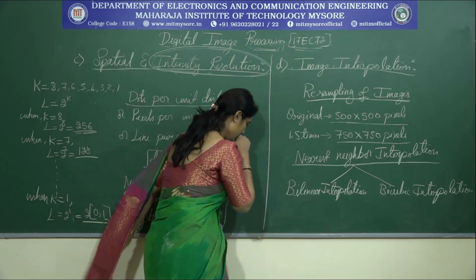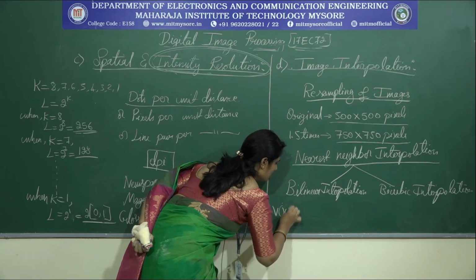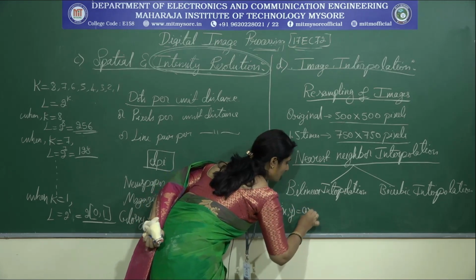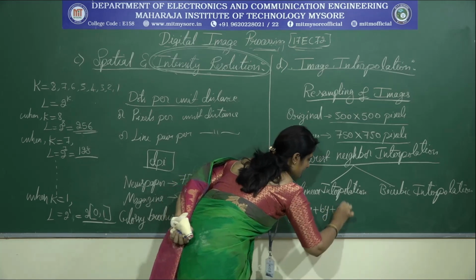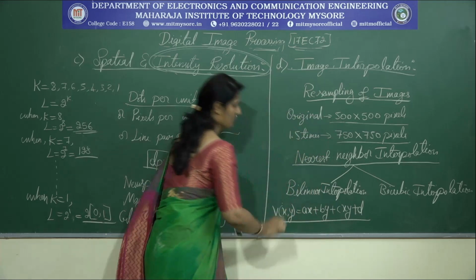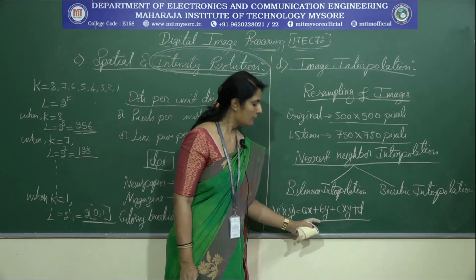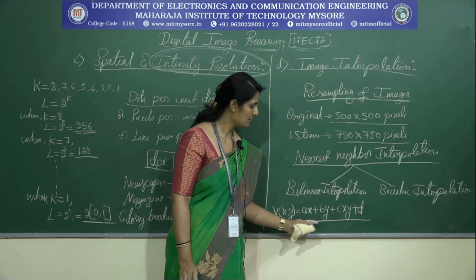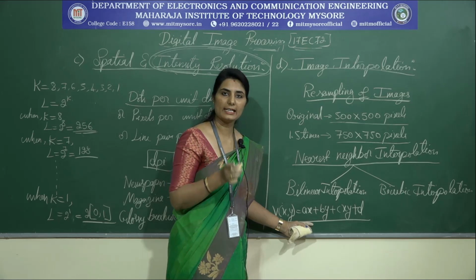Here we do that with the help of 4 coordinates, with the help of this equation. So using this bilinear interpolation equation, we assign a new intensity value to the new pixel by considering its 4 nearest neighbors.